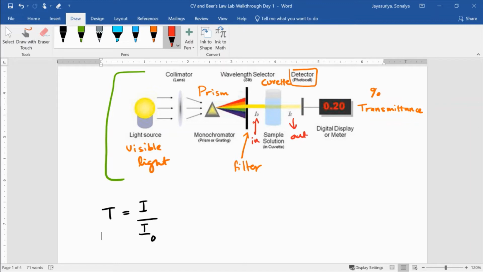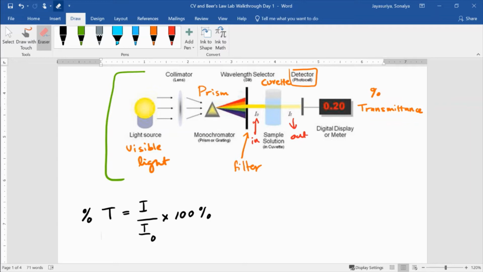And that light will be of a specific wavelength or a specific range of wavelengths, all right? Now, you calculate percent transmittance by just multiplying this number by 100. So percent transmittance is equal to this ratio times 100%, and then you get your percent transmittance, okay?